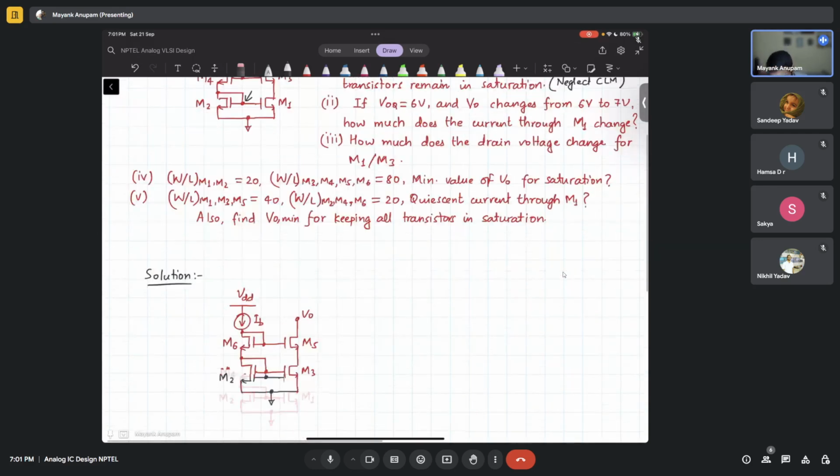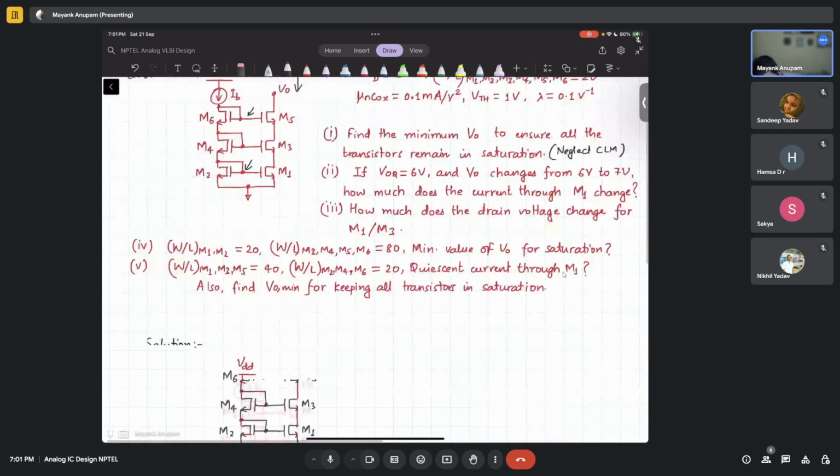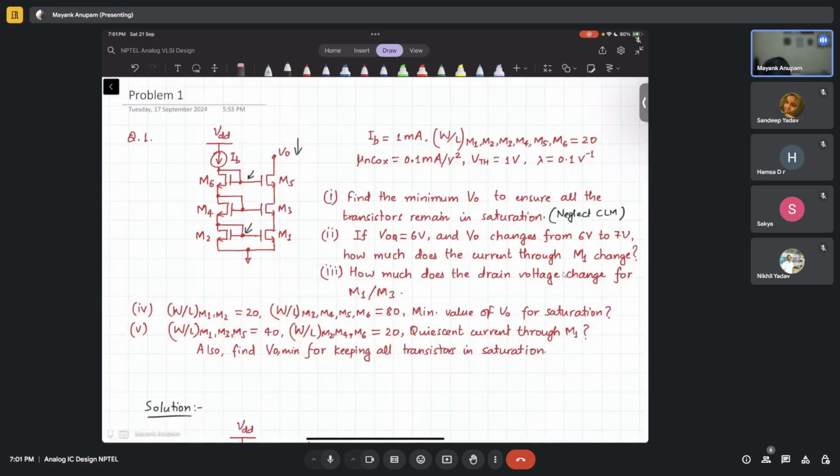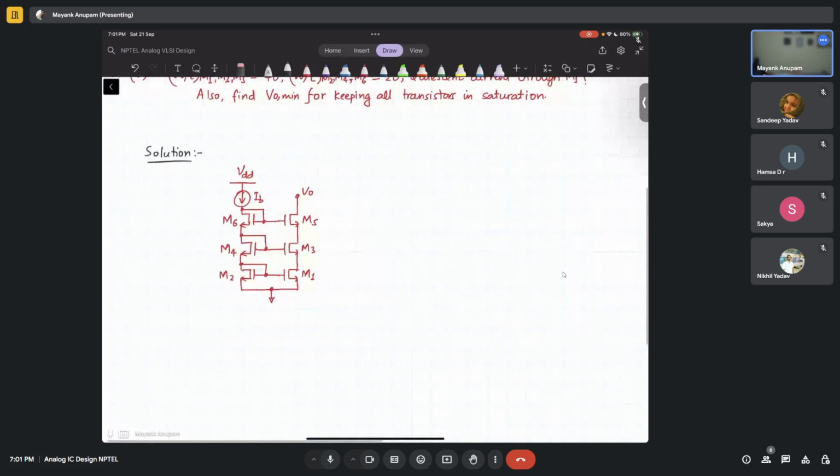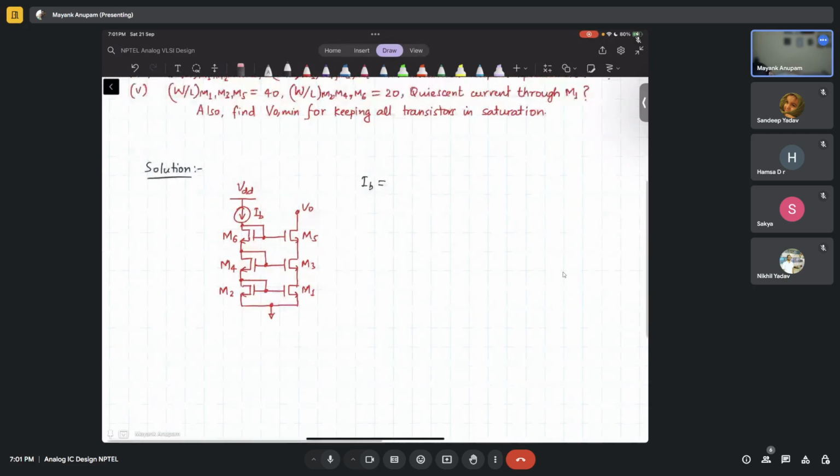Right. So what is IB? IB is 1 milliampere. All the transistors W by L is 20. So gate to source voltage is, what we know that IB is equal to half mu n C ox W over L times VGS minus VTH the whole square. VGS of M2 minus VTH the whole square.